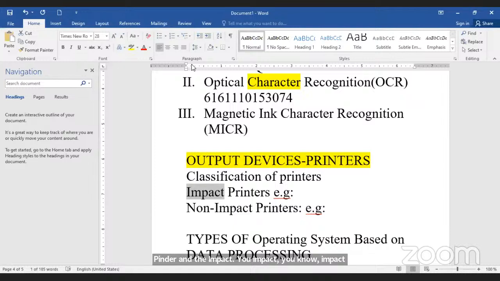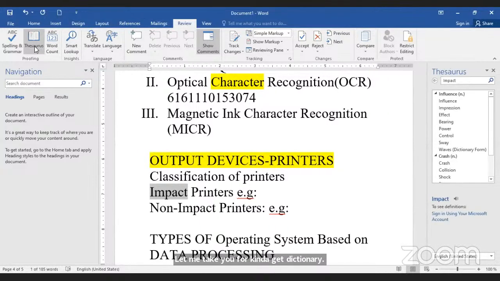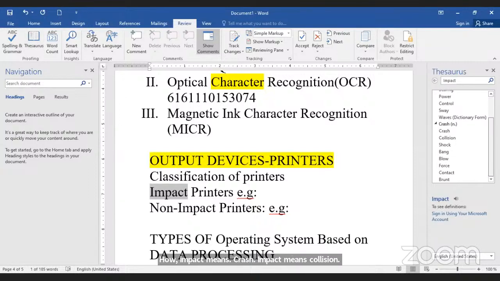Let me check if we can get a dictionary. Thesaurus. So impact ukienda kwa thesaurus inasema impact means power, impact means crash, impact means collision, impact means bang. Okay?